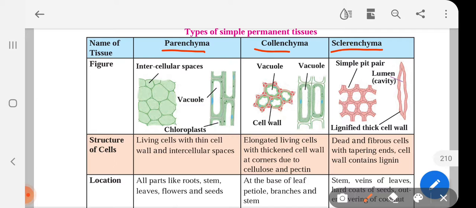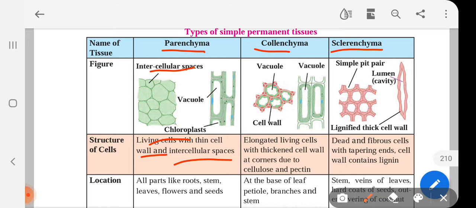You can see how they look in the figure. About parenchyma, there exist intercellular spaces. The structure of cells is like they are living cells with thin cell wall and intercellular spaces. The location: all parts like roots, stem, leaves, flowers and seeds.